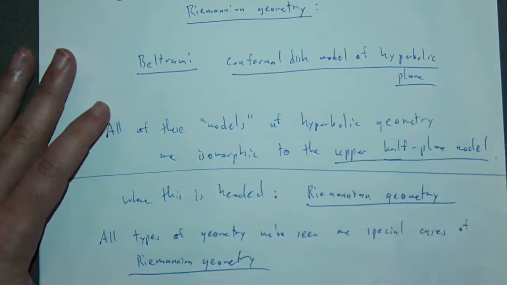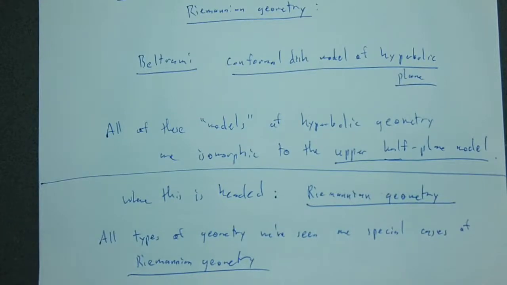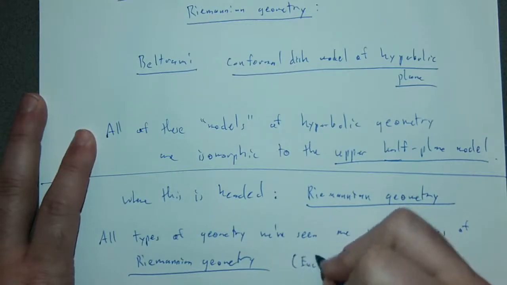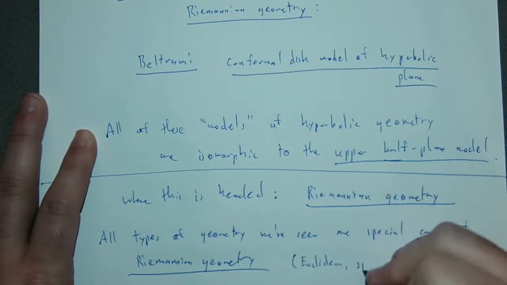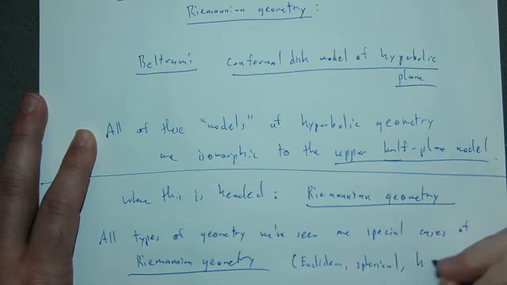Both Euclidean geometry and hyperbolic geometry that we've seen are just special cases of Riemannian geometry. Spherical geometry as well is a special case of Riemannian geometry. And so all these things sit inside it. Affine geometry and projective geometry, I'd have to say a little bit more to really fit those in. But basically think of Euclidean geometry, spherical geometry, hyperbolic geometry. So that's what I'll write out here. These are all examples of Riemannian geometry.